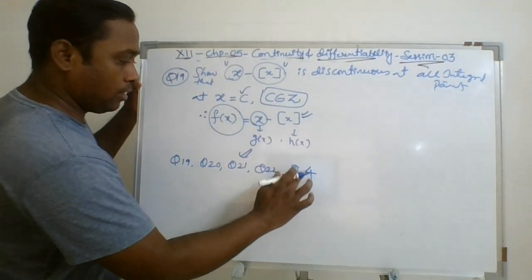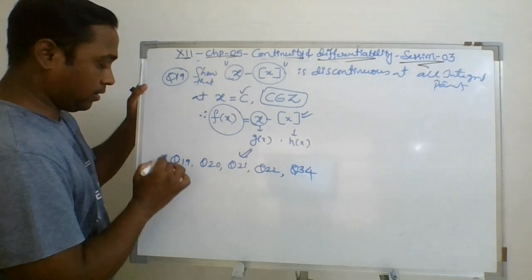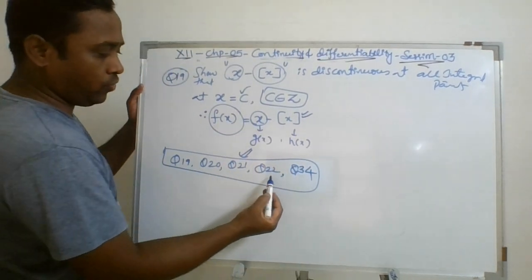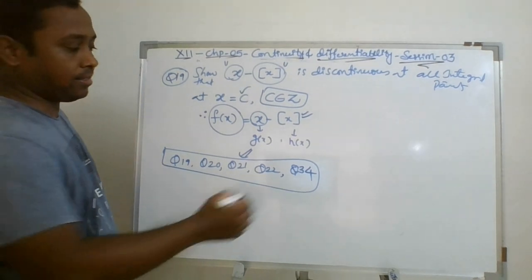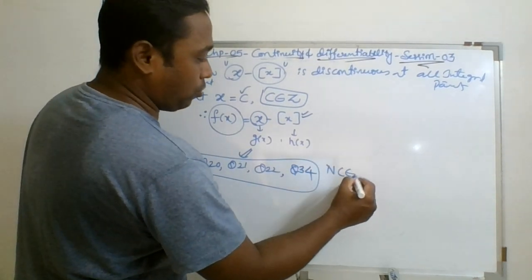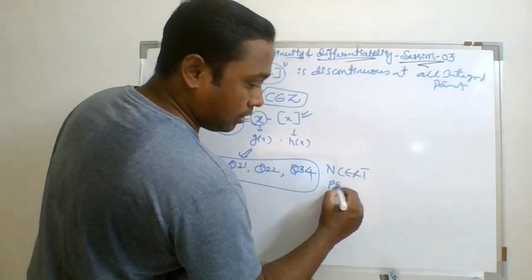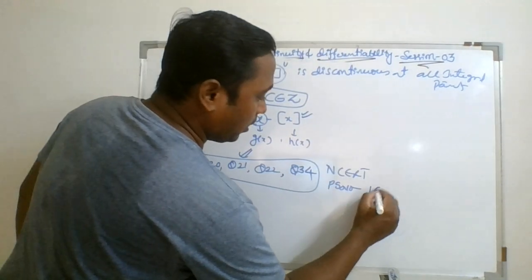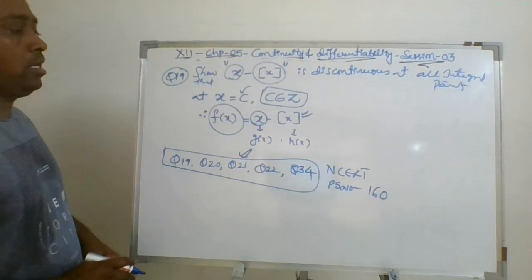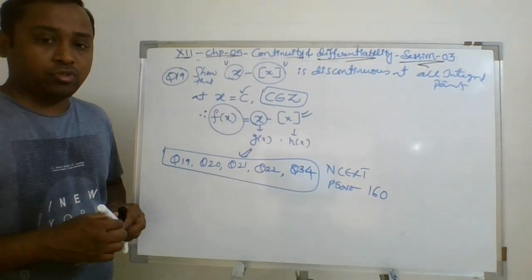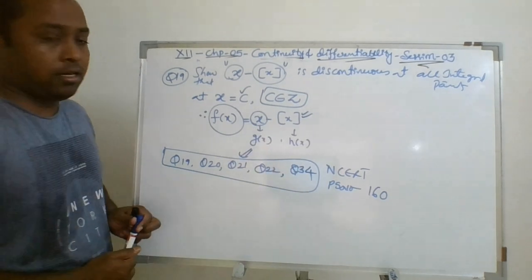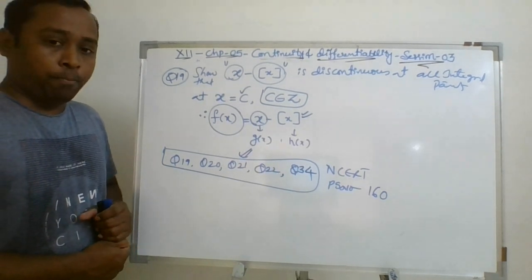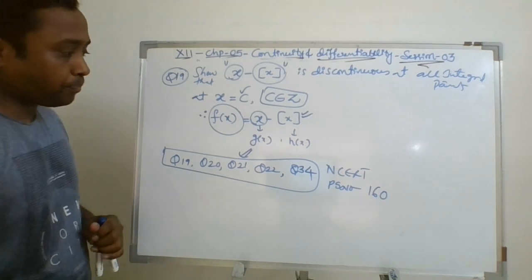So the questions you can do from the exercise are 19, 20, 21, 22 and 34 from the NCERT textbook, which is given on page number 160. So under this algebra of functions, just finish this part and then you can move on to the composition of functions. Okay.